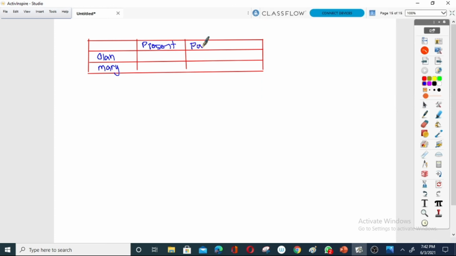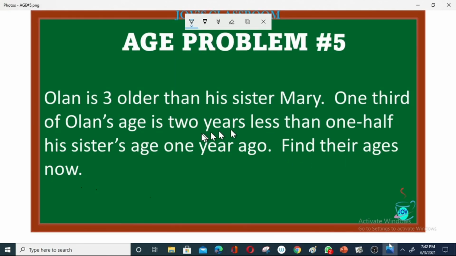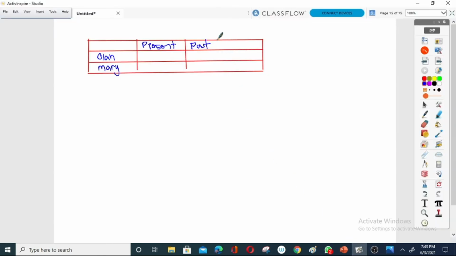And then past, because based on the problem, 2 years less than Olan's age, her age 1 year ago. 1 year ago. So that means this is 1 year ago.